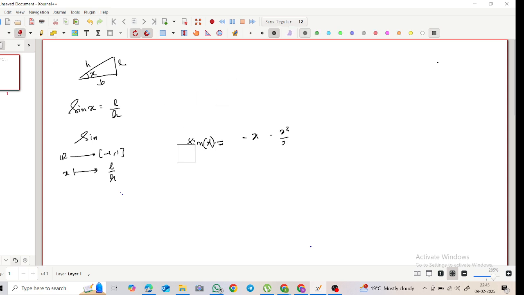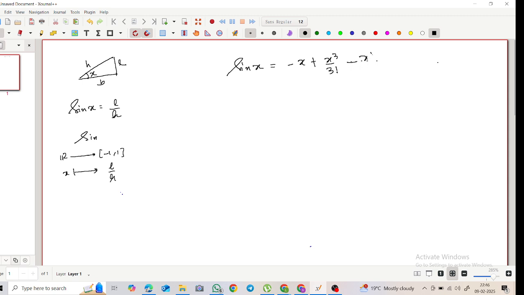Okay, let's define. What is the expansion of sin x? Around theta 0? Minus theta cube by 3 factorial, and so on, right? No, there is a plus sign, sorry.